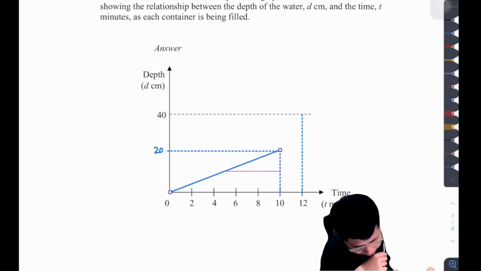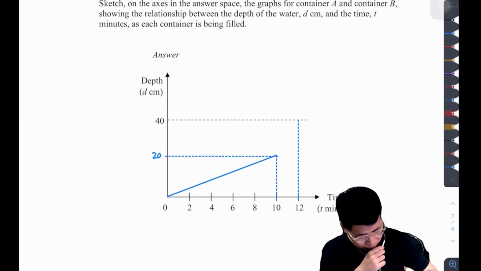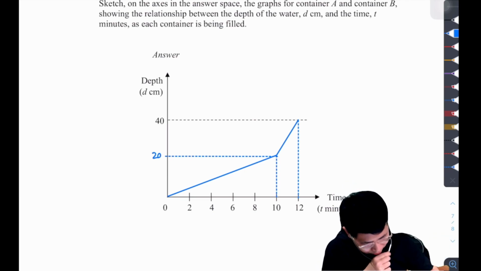Let me adjust the axis. Next, the next part is going to fill into the top, so I just need to draw another straight line to the top. Just like that. So this one over here is going to be our container B.